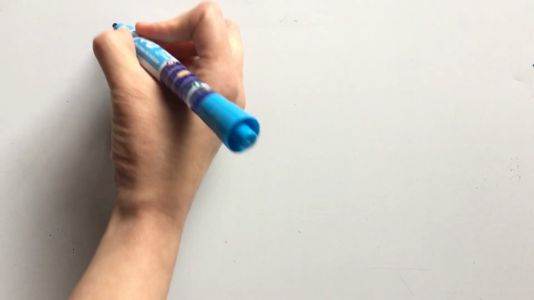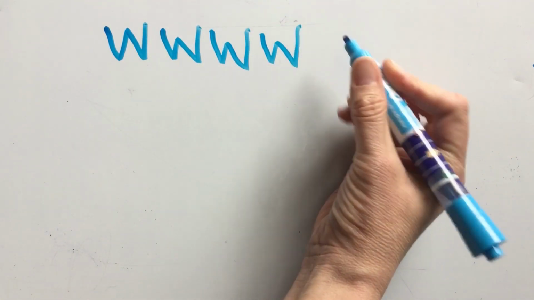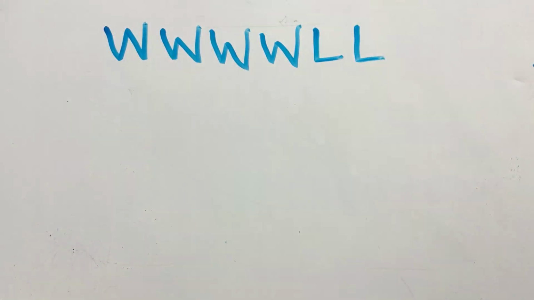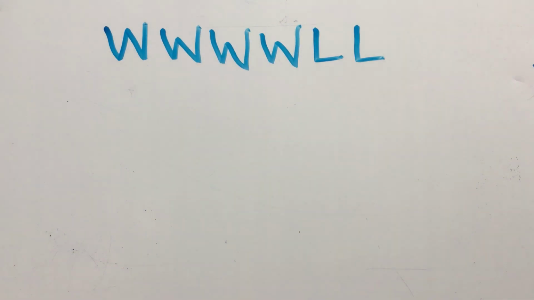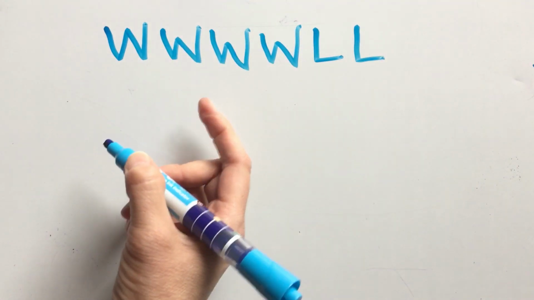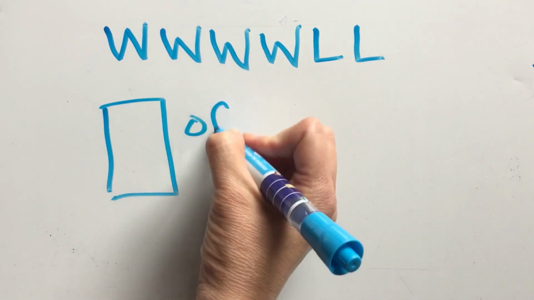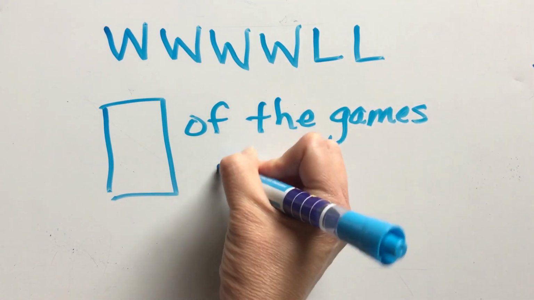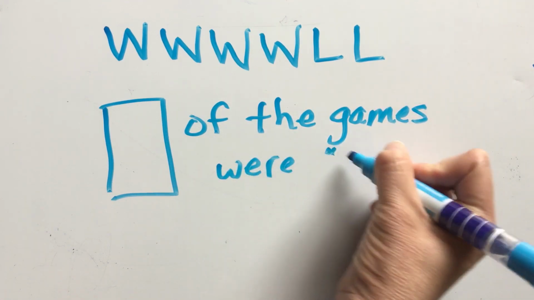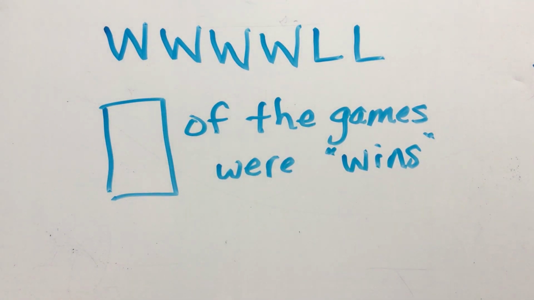What if there was a baseball team and they had 4 wins and 2 losses? Okay, so this baseball team won 4 games and they lost 2. I want the fraction statement that tells me how many of the games were wins.